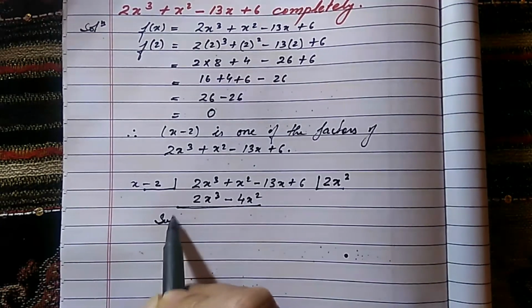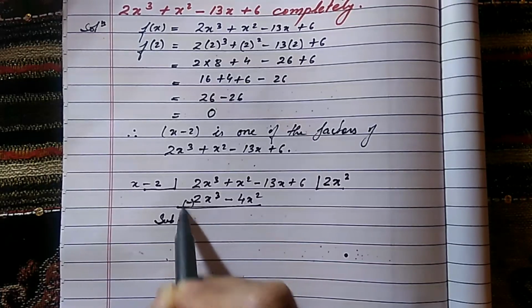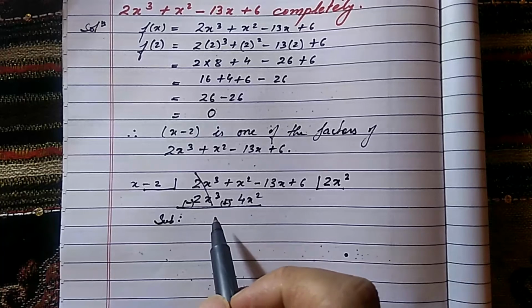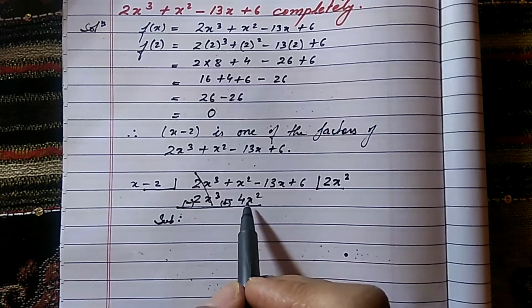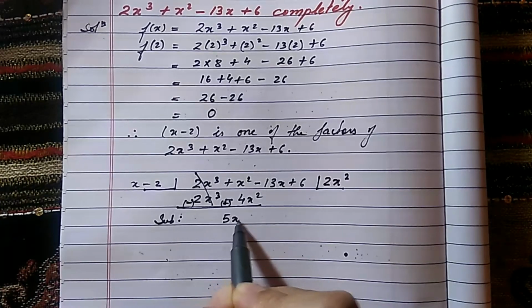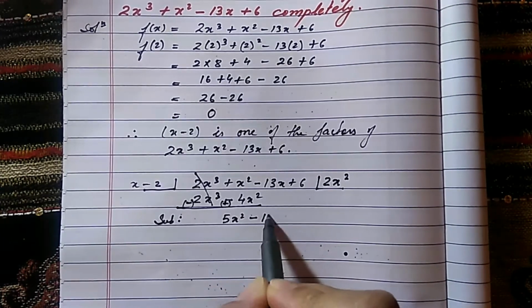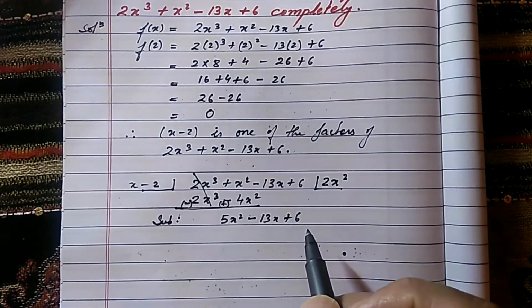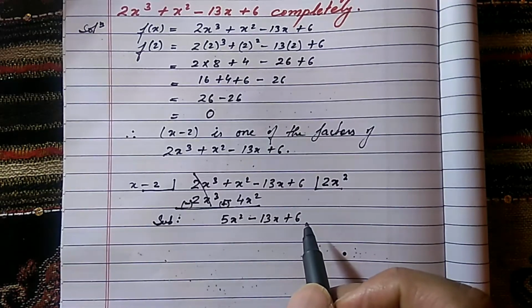Now when we subtract, we change the signs. This becomes negative, this becomes positive. These two being opposite signs cancel out. Now these two being the same sign will be added. So we have 5x square. We will also bring down the other terms. So you have 5x square minus 13x plus 6.